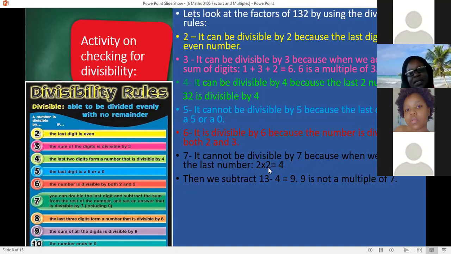The rest of the number is 13, and 13 minus 4 gives 9. And 9 is not a multiple of 7. So this means that 7 is not a factor of 132.